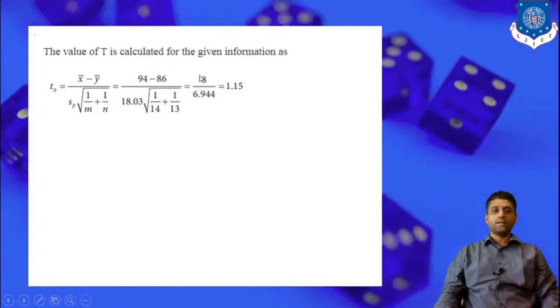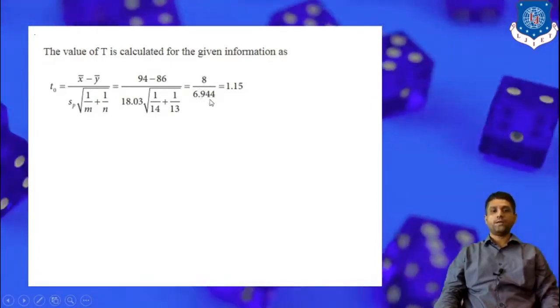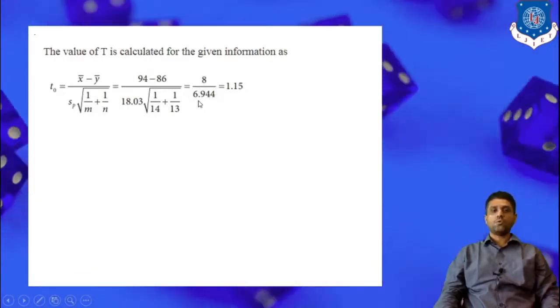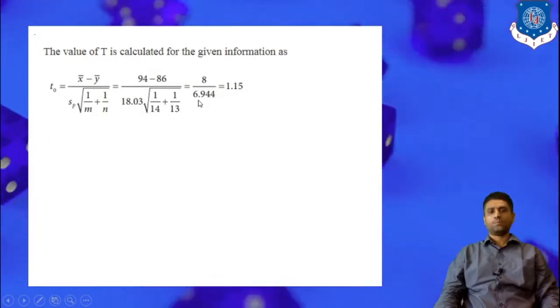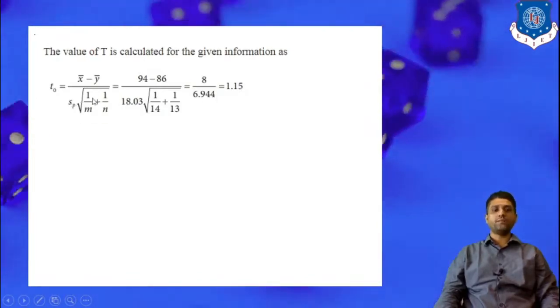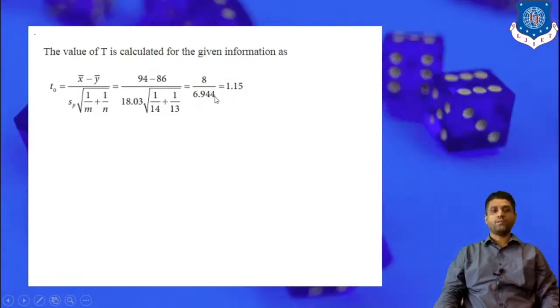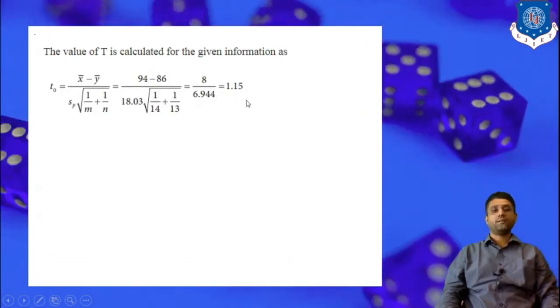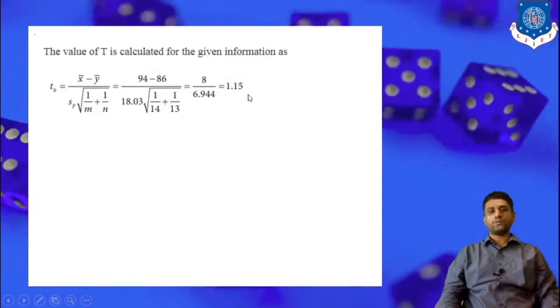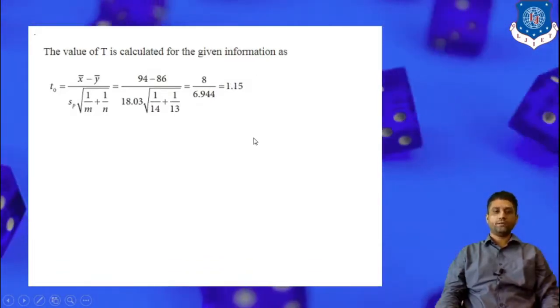By solving this, we get 8 upon 6.944. Again by solving this simple fraction, we get the observed t value as 1.50. So remember this observed t value 1.50. Next we have to compare this observed t value with the tabulated t value.